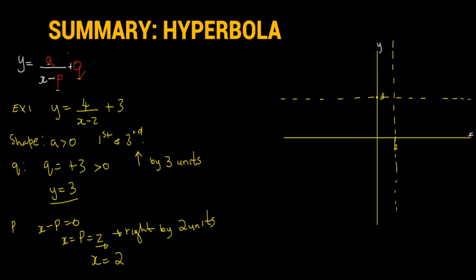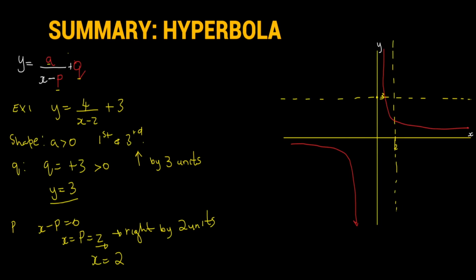So we know the y asymptote and we know the x asymptote. We also know that our graph is shifting. What do we mean by that? From the basic graph, I'm going to draw the basic graph and then you're going to see it shifting. This is your basic graph, the pink line, and I'm going to remove it later.